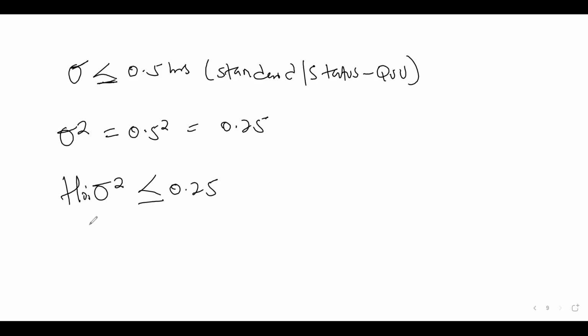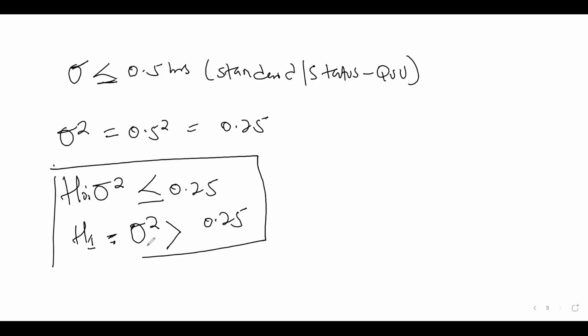So the status quo reflects in the null. Then the alternative will be the opposite. That means that our variance is greater than 0.25. All right. So this is basically the hypothesis we are going to test.